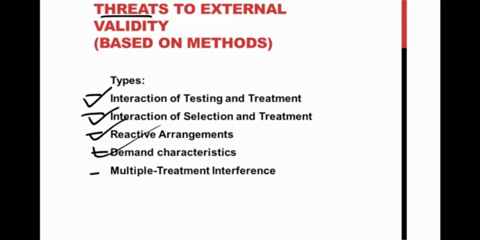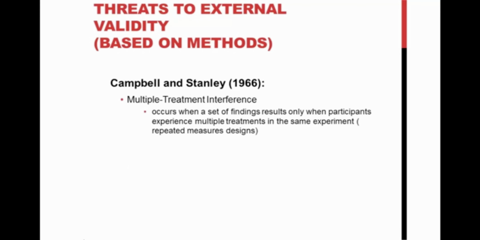Let's move to our last threat of external validity, which is multiple treatment interference. When you have a study that people are experiencing multiple treatments, that is a repeated measures design, you have this problem where our findings may only occur when the participants are experiencing those multiple treatments.